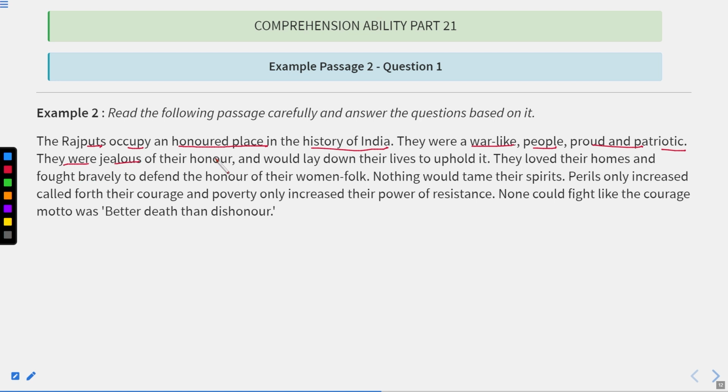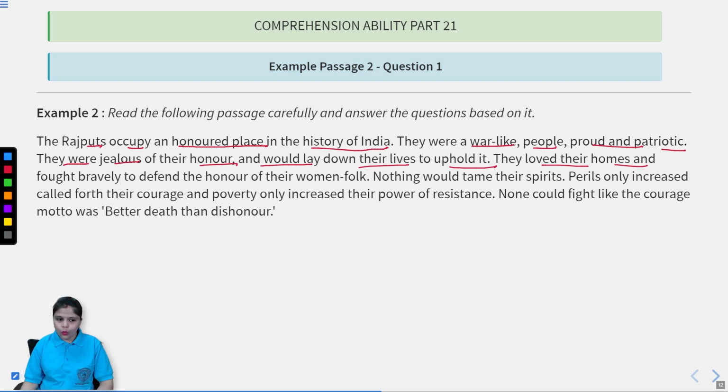They were jealous of their honor and would lay down their lives to uphold it. It means for their honor they feel envy, and what they can do, they can lay down their lives. It means they can die just for the sake of their honor.